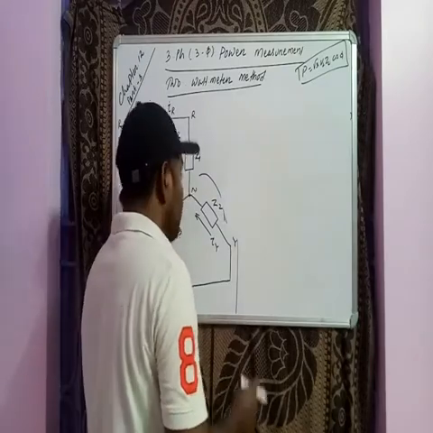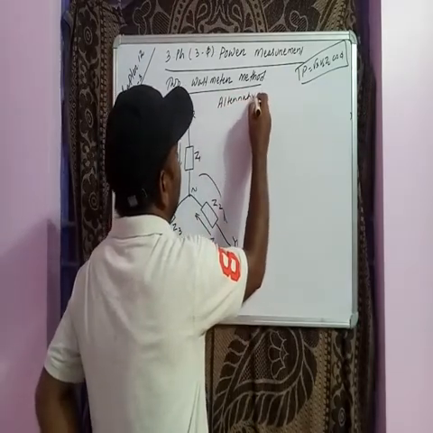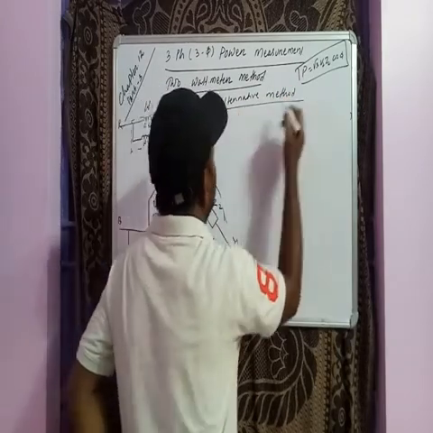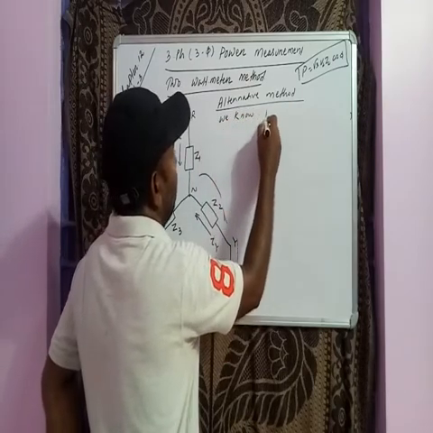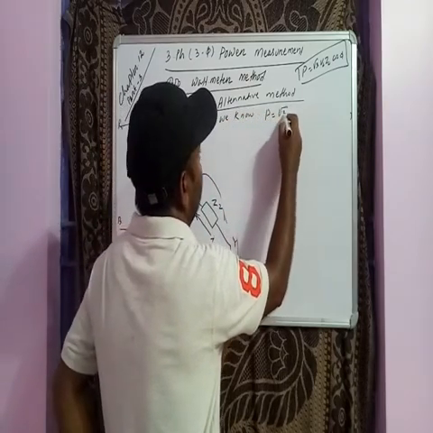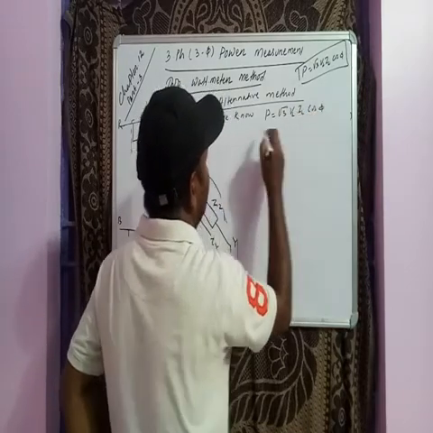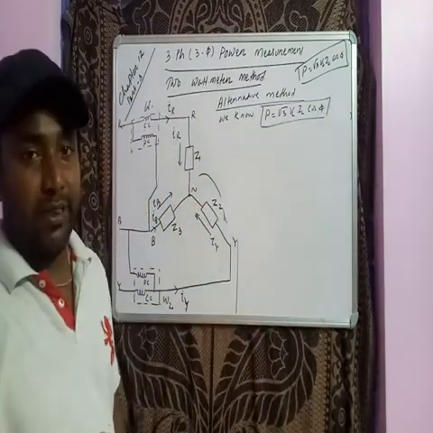This is one method. Now let us go for the alternative method, which is very, very important. We know P is equal to root 3 VL IL cos phi. So we have to prove this by the help of two wattmeter method.